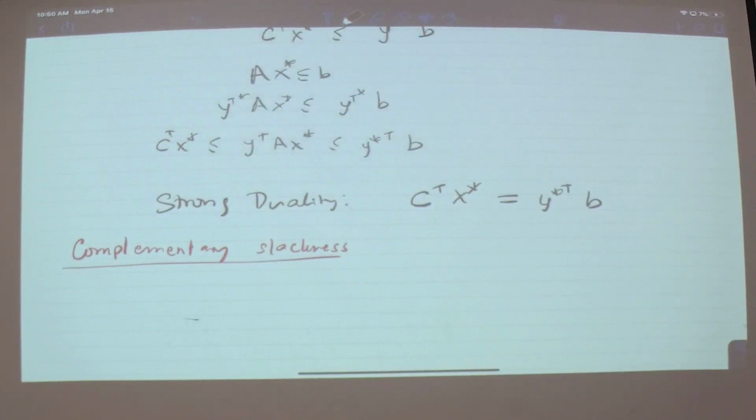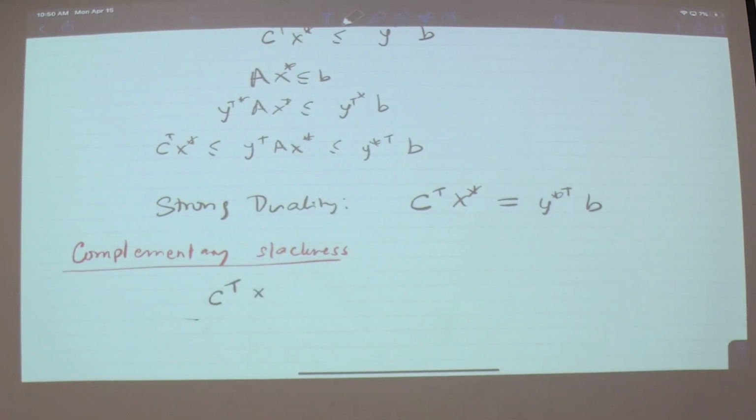Specifically, if we know that C transpose X star is equal to y star transpose B, what we're basically saying is that C transpose X star minus y star transpose B is equal to 0, right? And with a bit of algebraic simplification, you can rewrite this as something like y star transpose times (AX star minus B) is equal to 0.